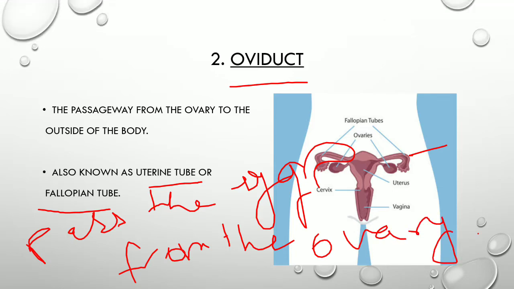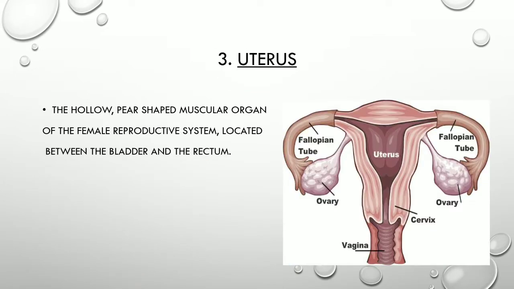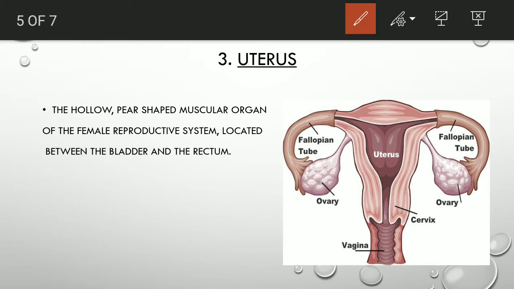The third part of the female reproductive system is the uterus. The uterus is the hollow, pear-shaped organ of the female reproductive system located between the bladder and the rectum.